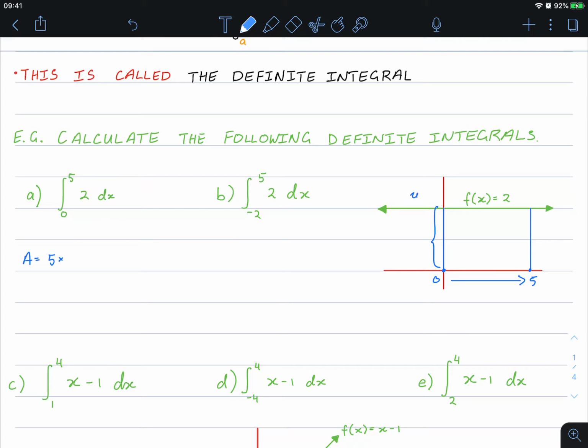If this is y equals 2, that must mean that this is 2 units up. So 5 times 2 is 10 unit squared, because this is an area.